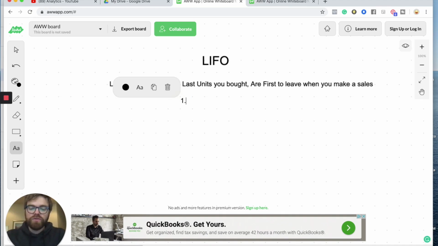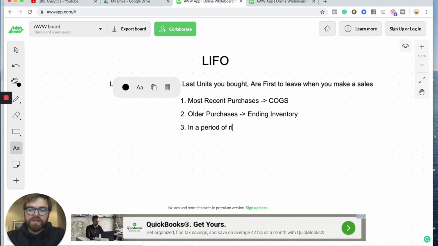The first rule is that your last or most recent purchases go to cost of goods sold. That means your older purchases go to ending inventory. That's what's left over. In a period of rising prices, your cost of goods sold under LIFO will be higher.